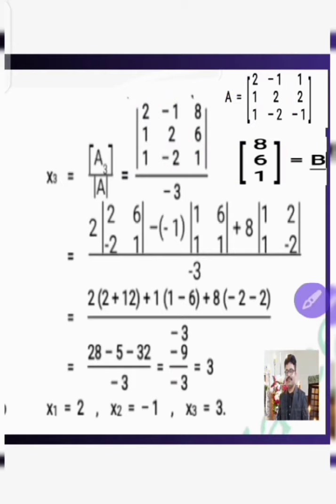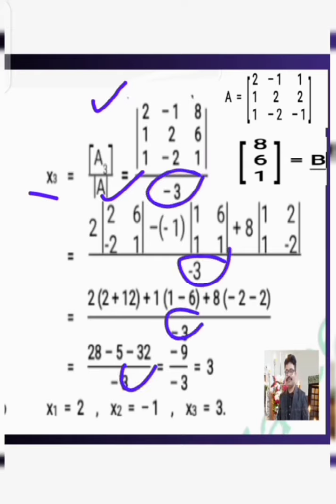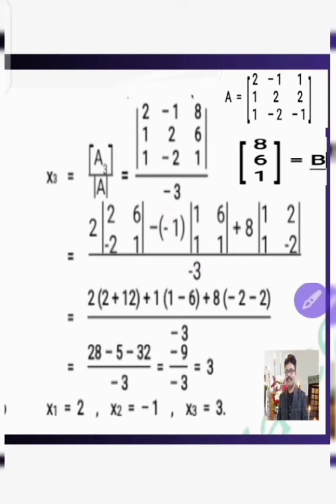Now the 3 cross 3 determinant procedure will be followed. The formula of x3 is determinant of A3 divided by determinant of A. Determinant of A is minus 3, that we will write throughout till the end.